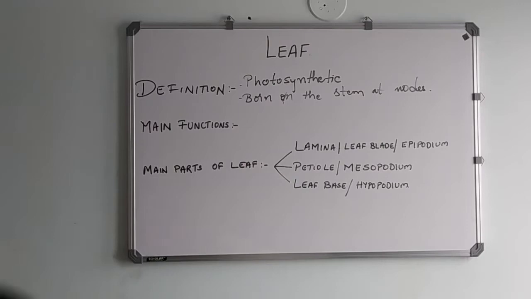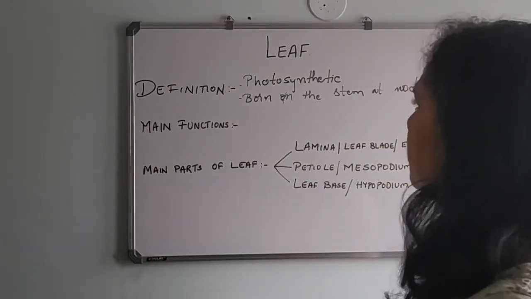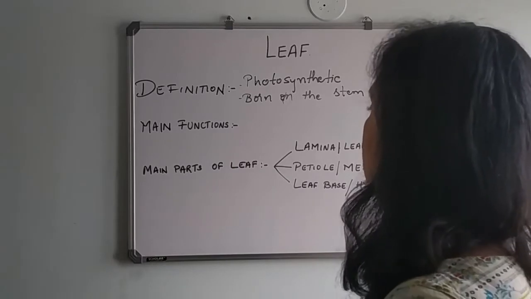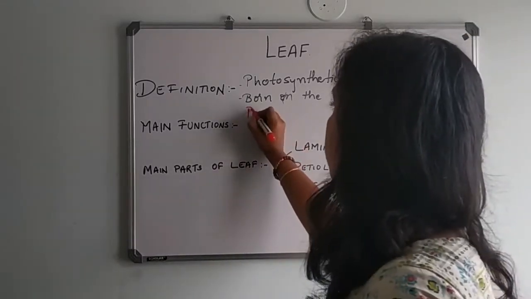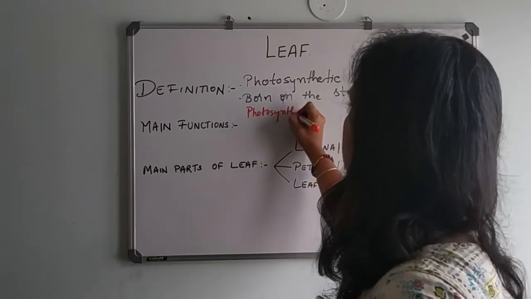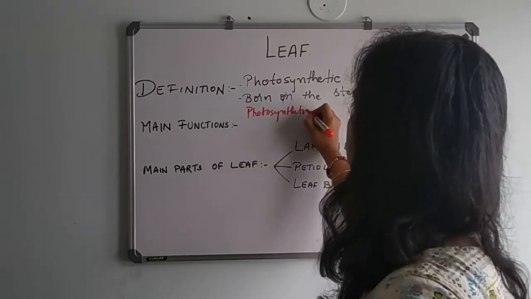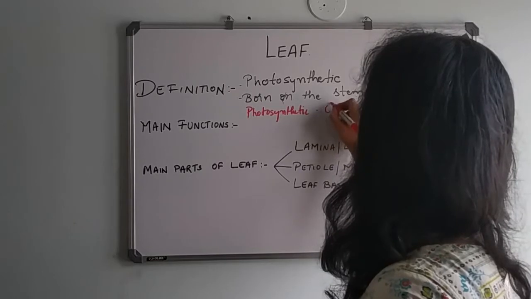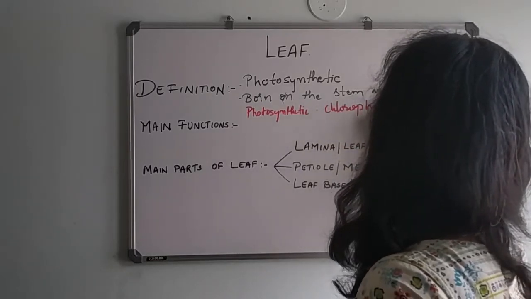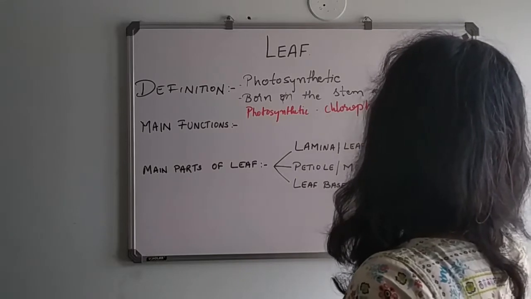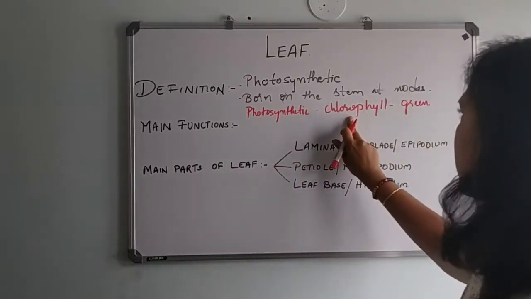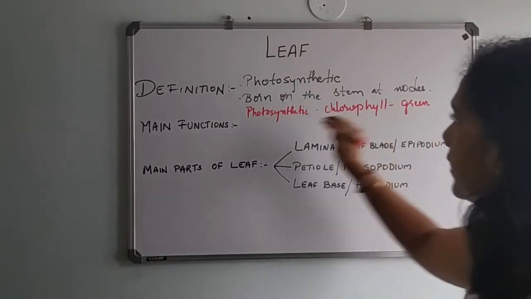So the main function of a leaf is photosynthesis because of the presence of chlorophyll, which is giving it that green appearance. Okay, so photosynthetic because of the presence of chlorophyll, it is green in color.